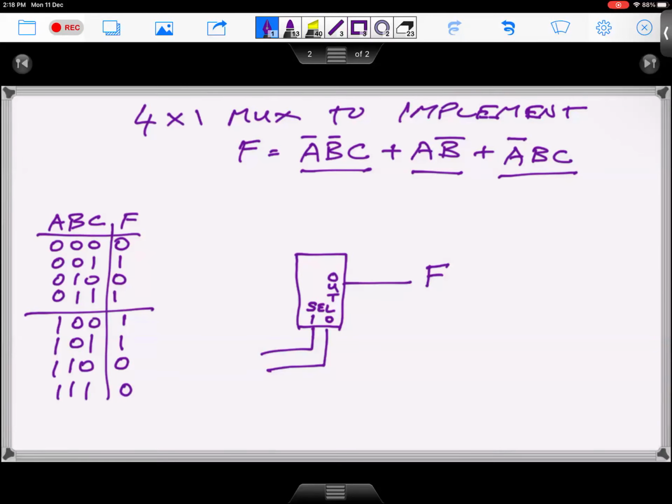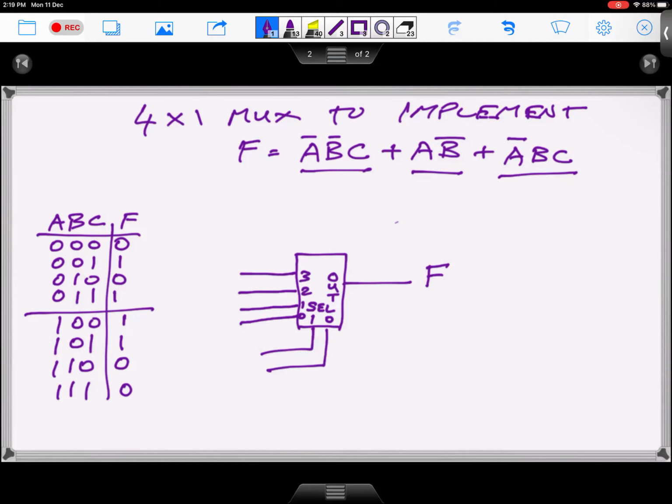Okay, so you have to get your A, B, and C into this. And of course, let's put 0, 1, 2, and 3. Don't forget to do that.